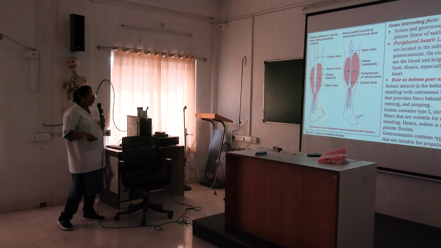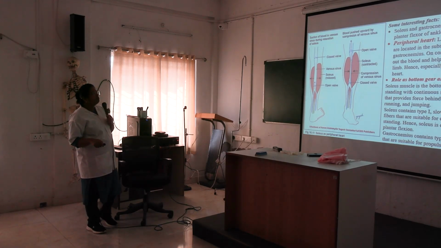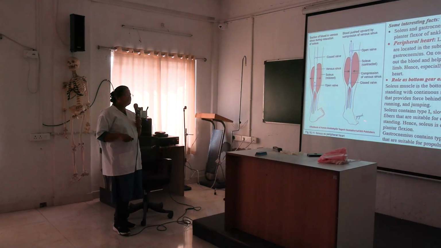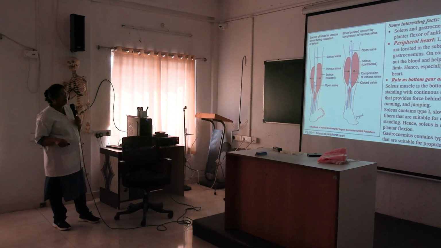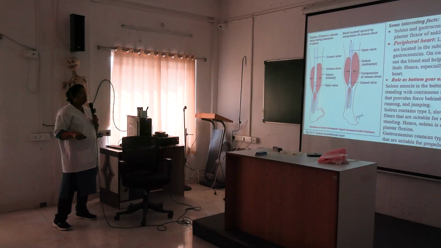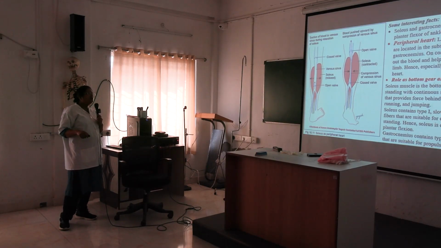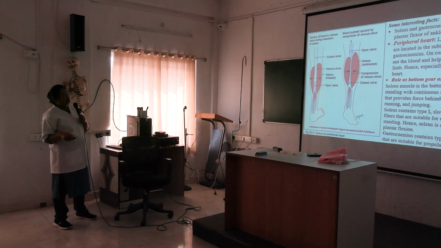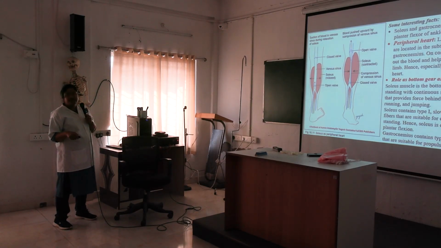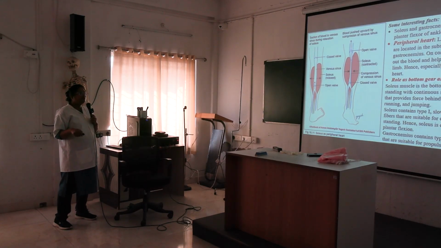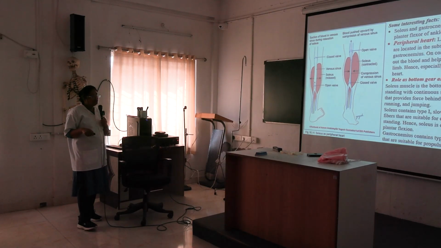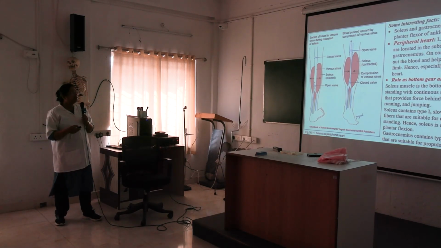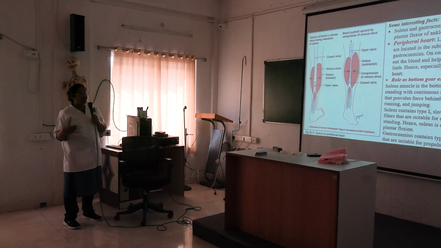And soleus muscle contains type 1 slow twitch, fatigue resistant muscle fibers that are suitable for continuous contraction during standing. Hence, soleus is considered the workhorse of plantar flexion. And gastrocnemius contains type 2 fibers, fast twitch white fibers, that are suitable for propulsive action, so it helps in running, jumping, and fast walking.